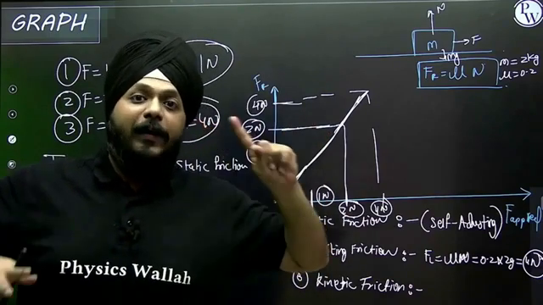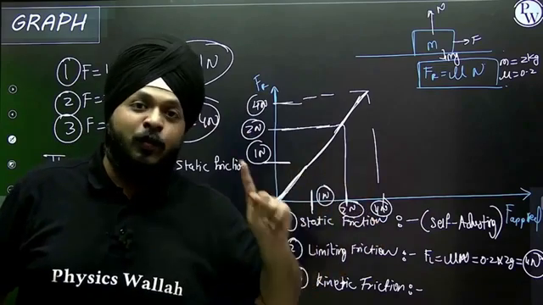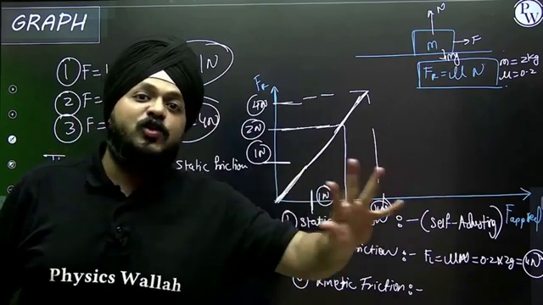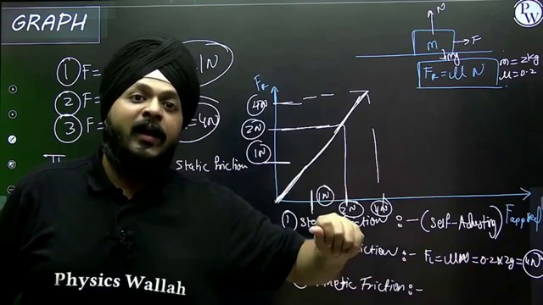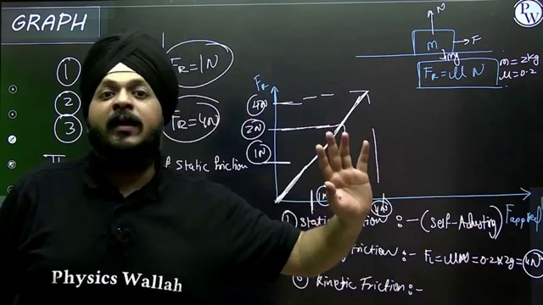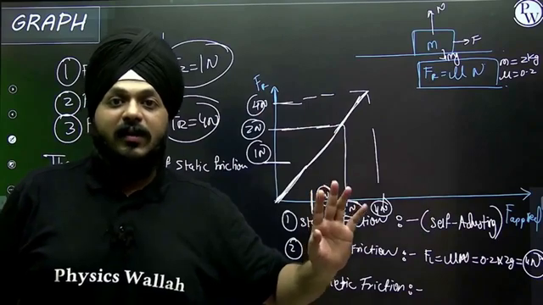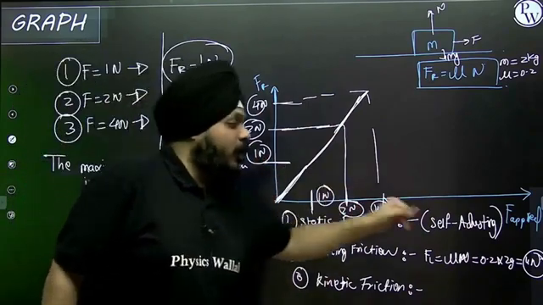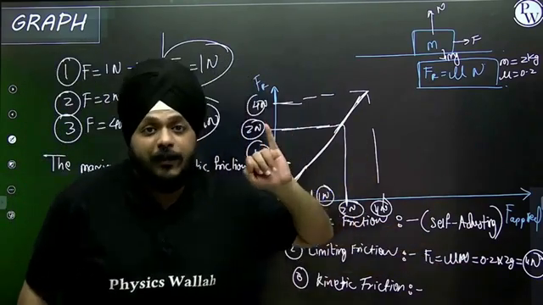Now if applied force keeps increasing, static friction is not going to do anything, right? Nothing will be in its hands, because the external force has reached the value of the limiting friction.